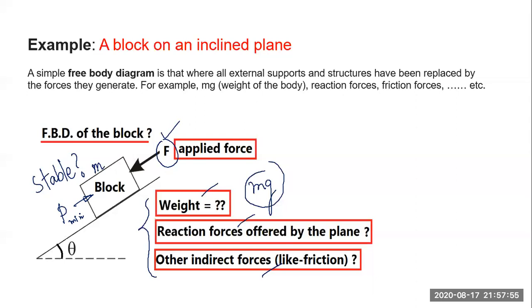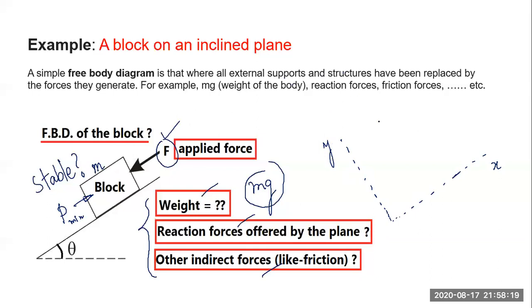So what to do? If we think of the direction parallel to the plane, this is my x axis, and vertical to the x axis is my another coordinate y, the xy coordinate.